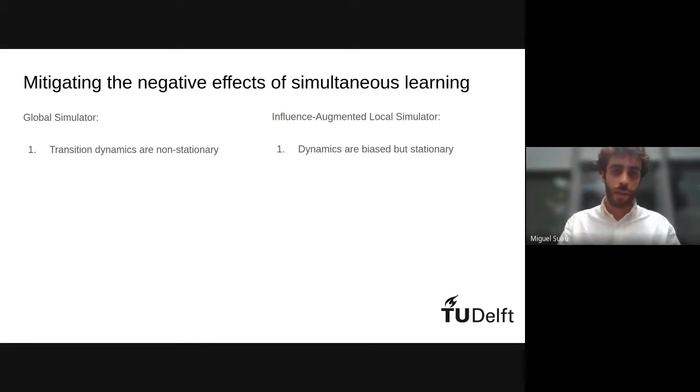In our case, as long as we don't update our influence distribution, we will have transition dynamics that are stationary but biased. So we're giving away some accuracy of the distribution for a more consistent signal that we can rely on to learn.